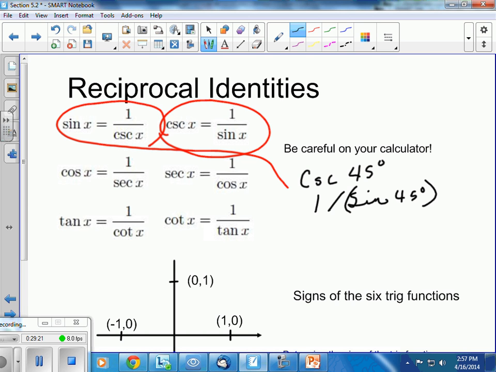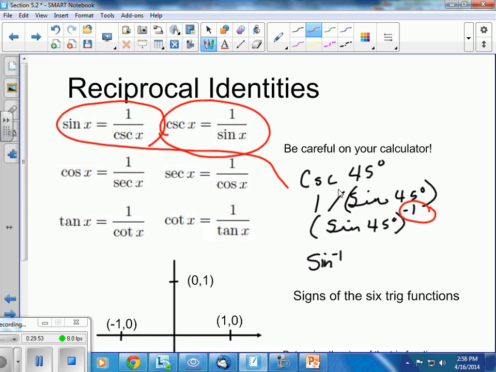The other thing that you could do is take parentheses, sine 45 degrees, and then use your negative 1 key, meaning it's going to be dropped to the bottom. What you need to be careful about is that this negative 1 is an entirely different key and function than on your calculator when you go to the second function and you say sine to the negative 1.